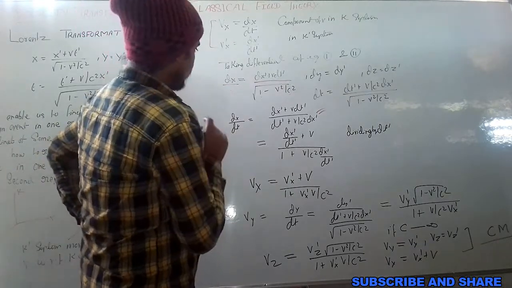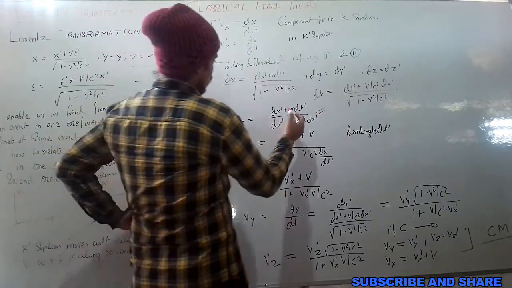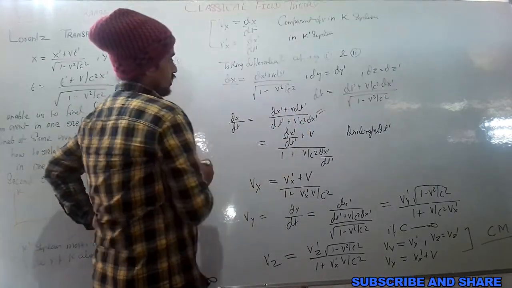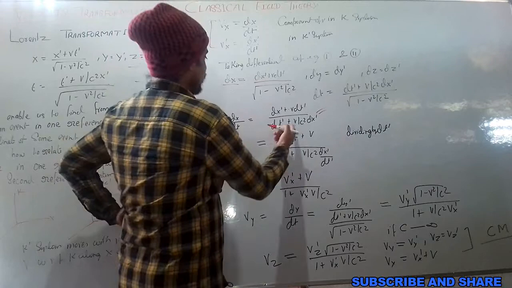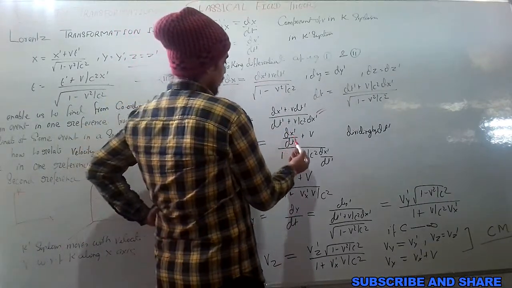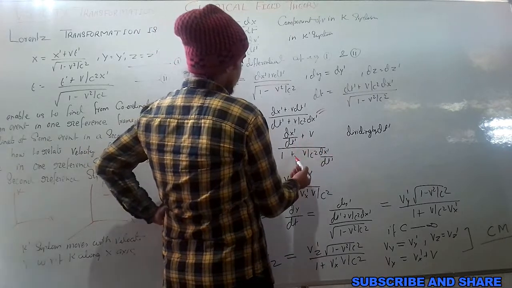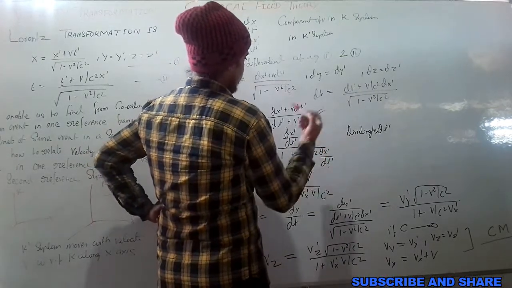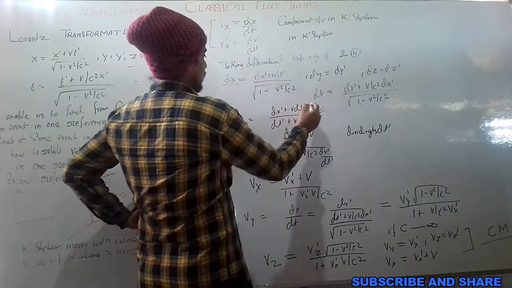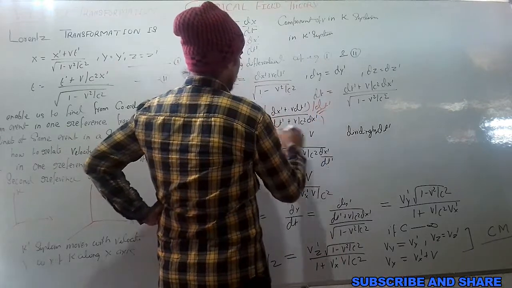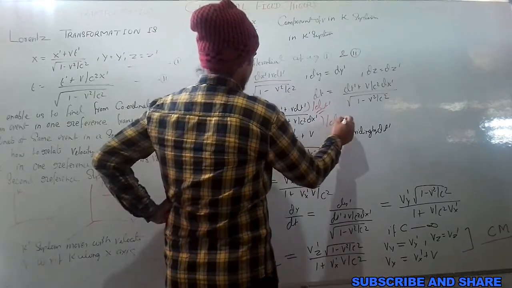Now we divide numerator and denominator both by dt dash. So it will become dx dash by dt dash plus v divided by 1 plus v by c square dx dash by dt dash. Remember we are dividing the numerator by dt dash and the denominator also by dt dash.